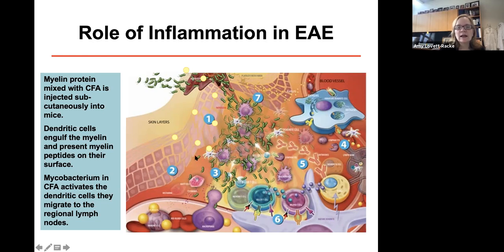And it's that initial activation of those dendritic cells and macrophages that is really important, because then they phagocytose the myelin antigens, process them, and take them to the draining lymph nodes where the T cells that will become activated to the myelin antigens that were in the adjuvant are found. So if you don't have the adjuvant, you don't get that initial robust danger signal and that phagocytosis, and that allows for those cells to move to the lymph node where they will interact with T cells.